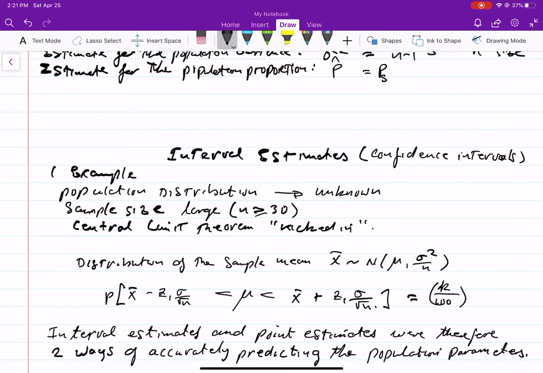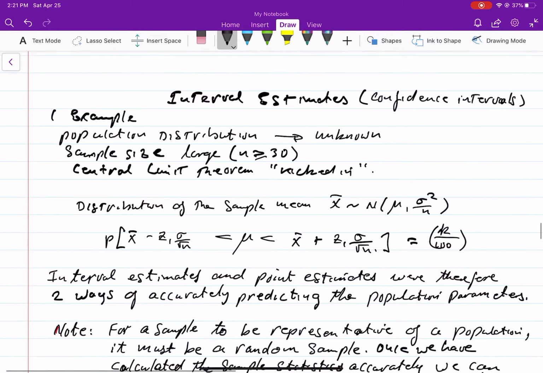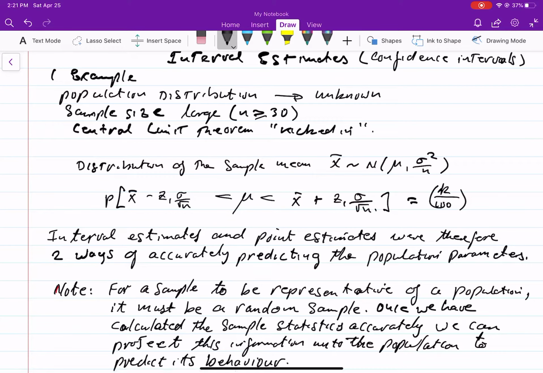You remember we talked about interval estimates or confidence intervals, where we found an interval within which a population parameter, let's say for example the population mean, fell, and we would say, okay, the population parameter is within these limits, and we are 95% sure that's the case, or we're 99% sure that that's the case. So that was one definition of a confidence interval or an interval estimate.